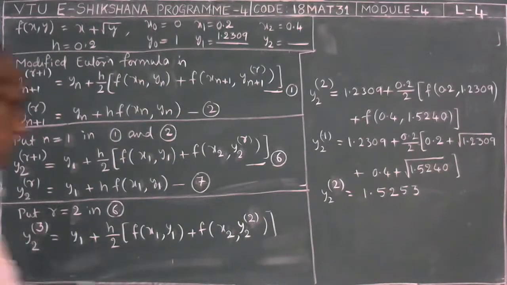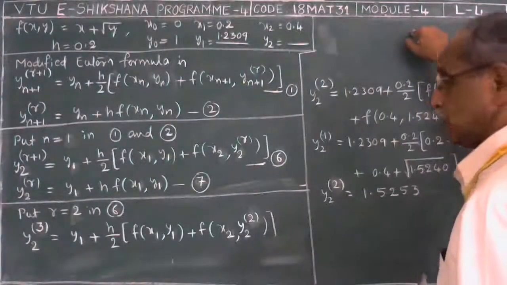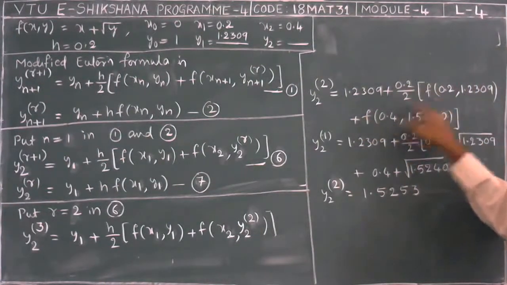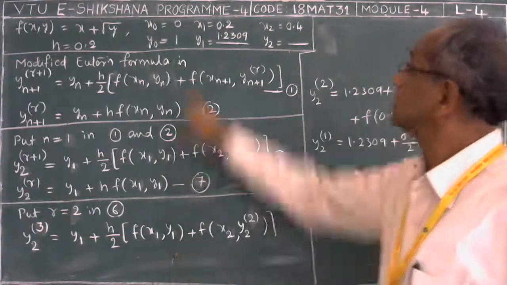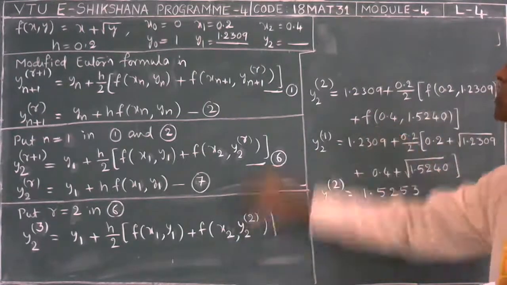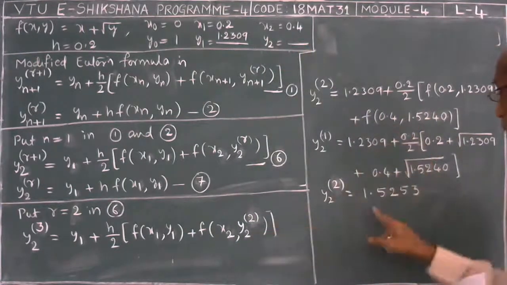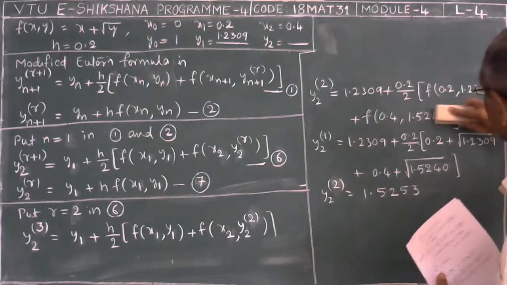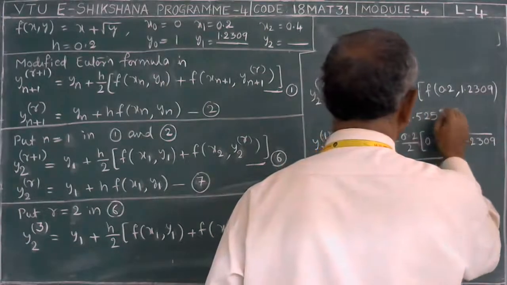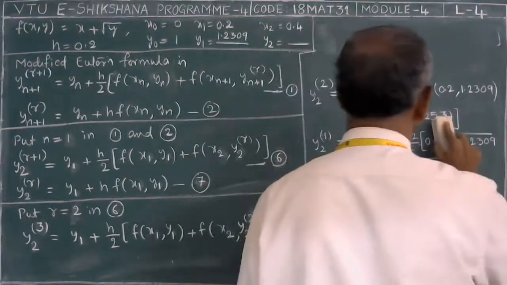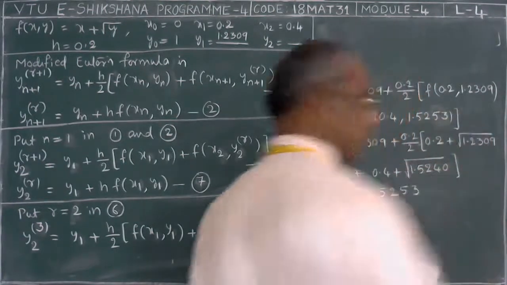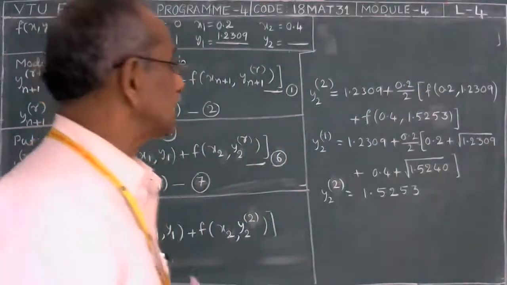Let me substitute the values: y1 is 1.2309, h is 0.2 divided by 2, f of x1 comma y1, 0.2 comma 1.2309, plus f of x2, which is 0.4, comma y2 2, which is 1.5253.